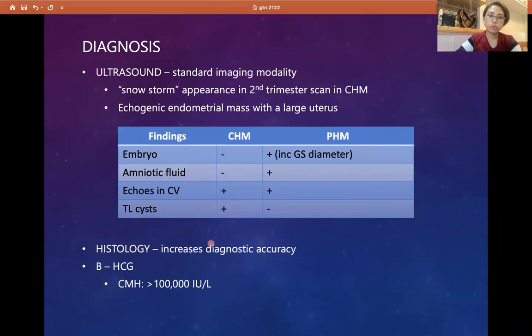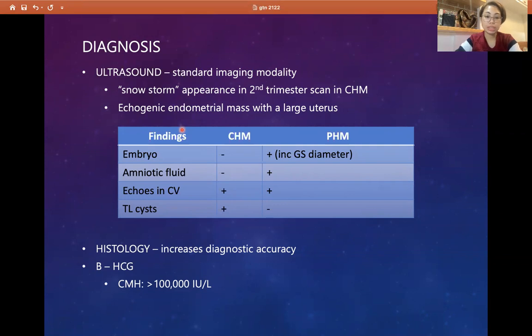To help us diagnose molar pregnancy, we should remember that simple ultrasound is a standard imaging modality. What do we see in the ultrasound? There is the snowstorm appearance, especially in the second trimester scan in complete hydatidiform mole. There is an echogenic endometrial mass with a large uterus.